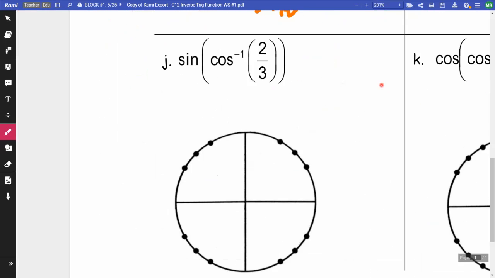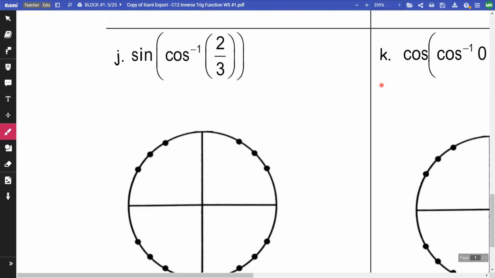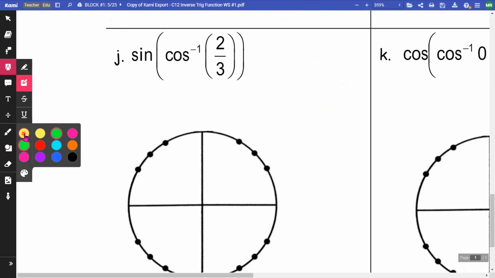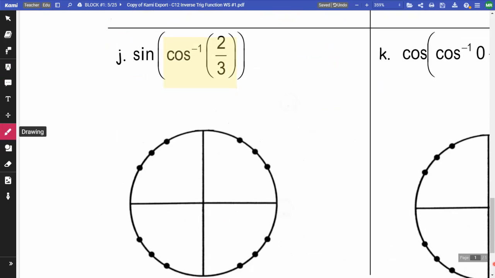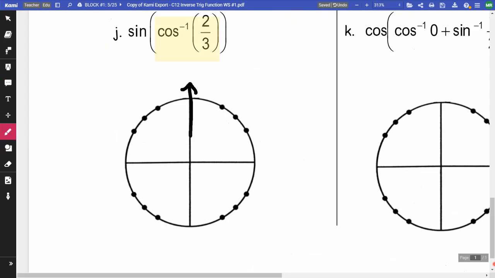Okay, on letter J. On this one, I really don't need it as a unit circle, because 2/3 isn't going to be on here. I'm just going to use it as an XY axis. So ignore it in terms of unit circle. We're just paying attention to where I am.